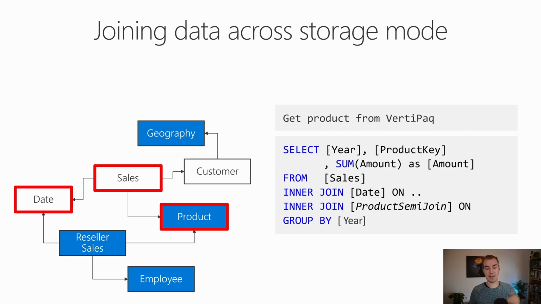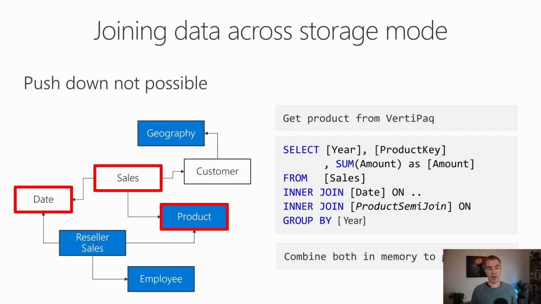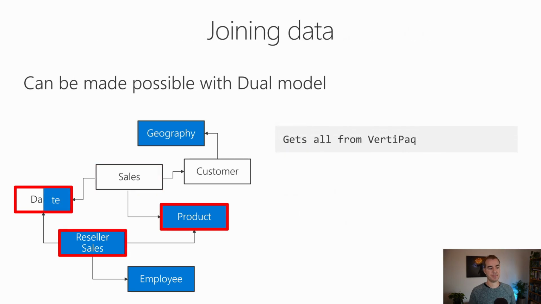So we're injecting that data again. So again, we have to combine data in memory to get results. We cannot push down the join. So again, when you're combining data across storage modes, we have to inject. There's no other way to be able to do it.